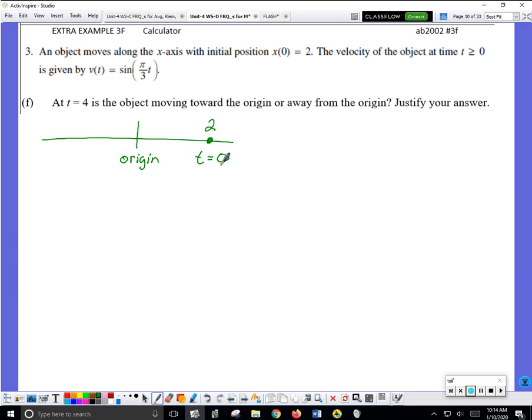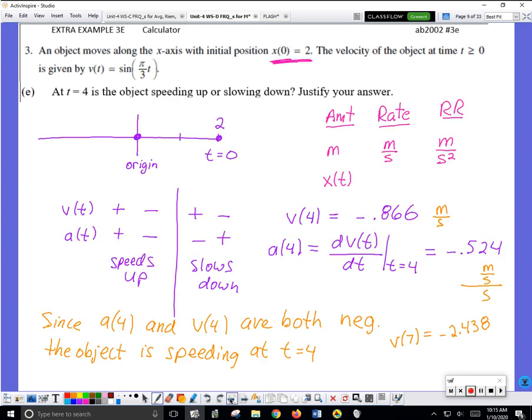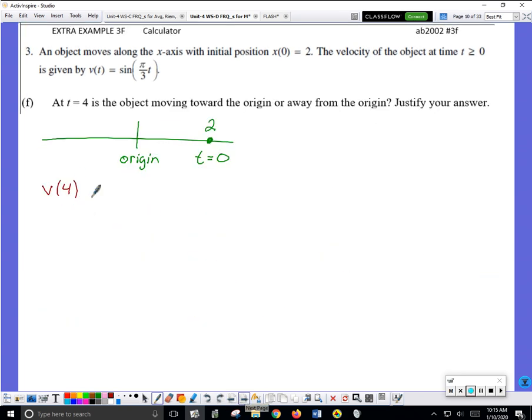We want to know at time equal 4 whether the particle is moving towards or away from the origin. The previous problem gave us a head start because we know that v of 4 is a value of negative 0.866. So we know that at time equal 4, the particle is moving left.